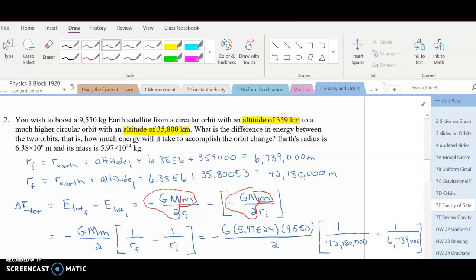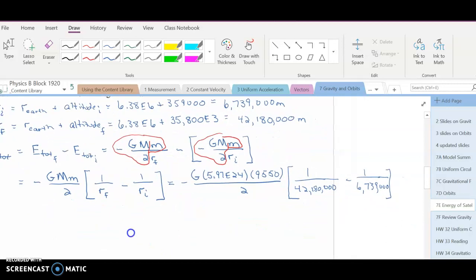So it's going to take a little bit of math here, but I can do this. I've got what I need to plug in. I'm going to do this in two pieces. I'm going to do the front piece first because I want you to see that that's a negative number, right, because of my negative sign. So G times 5.97 times 10 to the 24th, times 9,550, and then divided by 2. So I get negative 1.901 times 10 to the 18th.